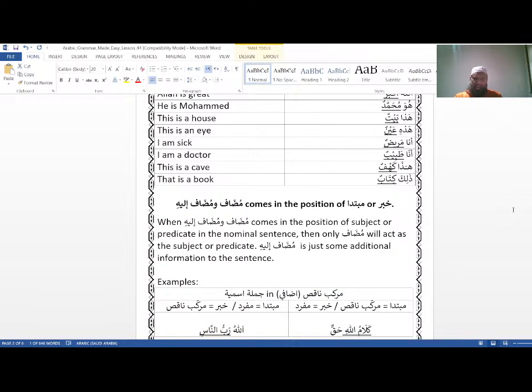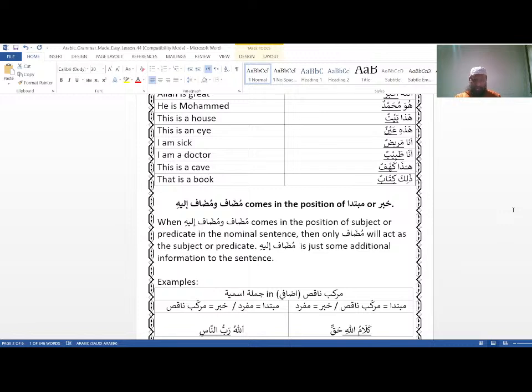Okay, murakkab naqis idafi in jumla ismiya. So mubtada is murakkab naqis, a phrase, and khabar is mufrad, a single word. Kalamullahi, murakkab idafi. كلام مضاف, لفظ الله مضاف إليه. So our main noun here is كلام, which is the مبتدا.